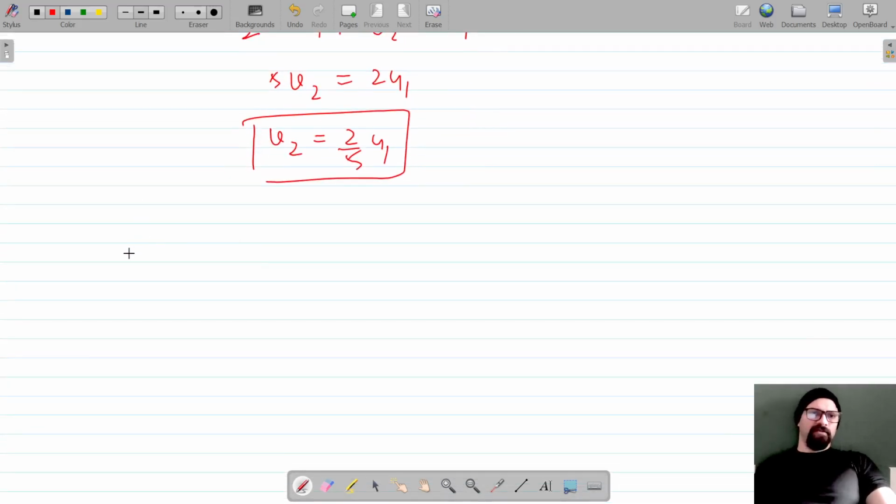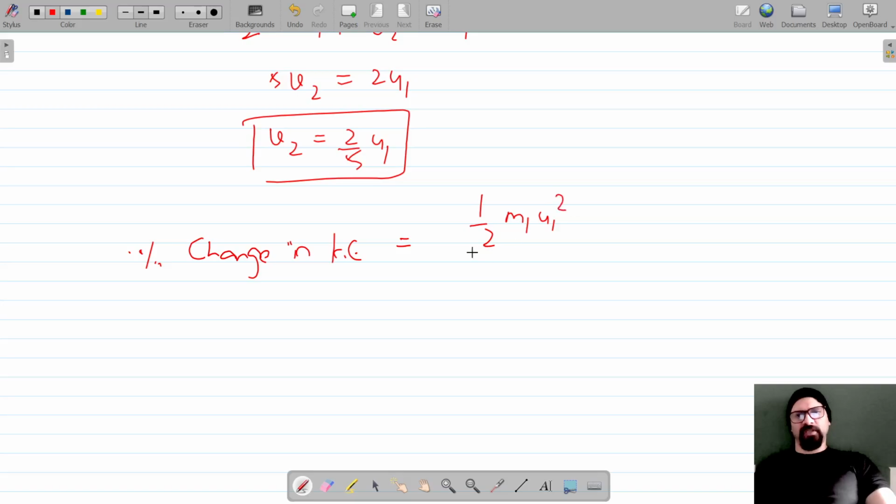Now we have to find the percentage change in kinetic energy. The percentage change in kinetic energy is equal to the initial kinetic energy of the first body upon the final kinetic energy of the second body into 100, because it's a percentage.